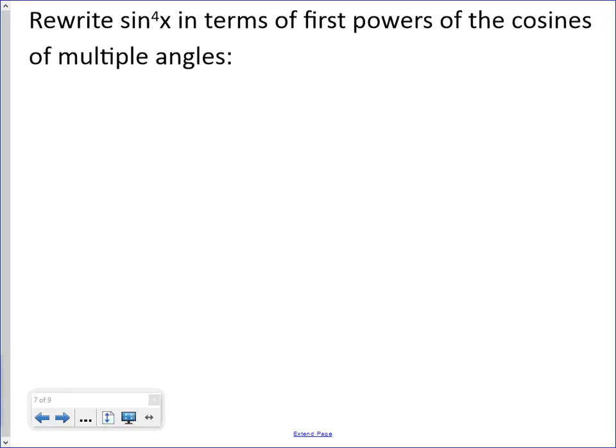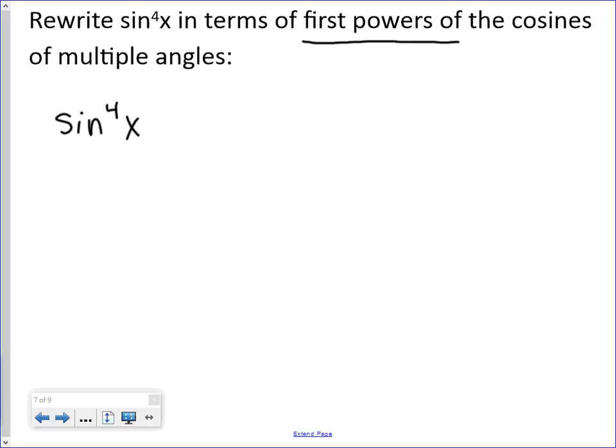So before we do the example, I just want to talk about, what does that mean, right? Rewrite sine to the fourth x. Okay, so I'm going to have sine to the fourth x. And I want it to have first powers, which means in my final answer, there should not be any raised to the fourth, squareds, anything other than raised to the first power, which we normally don't write.